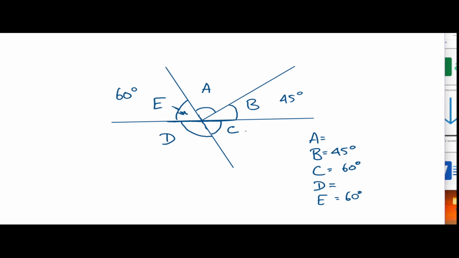So we know if C is 60 degrees, C plus D equals 180 degrees. D equals 180 degrees minus 60 degrees. D must be equal to 120 degrees.